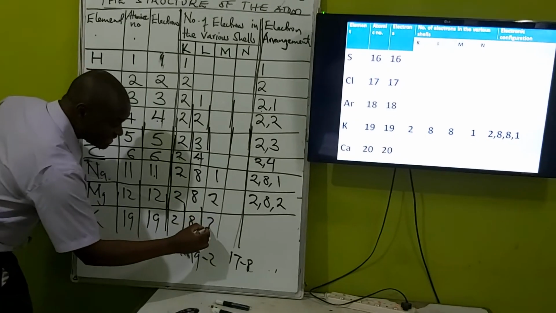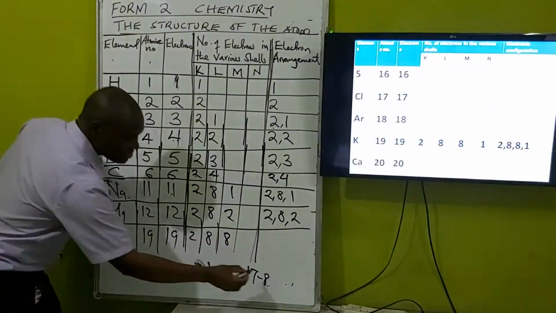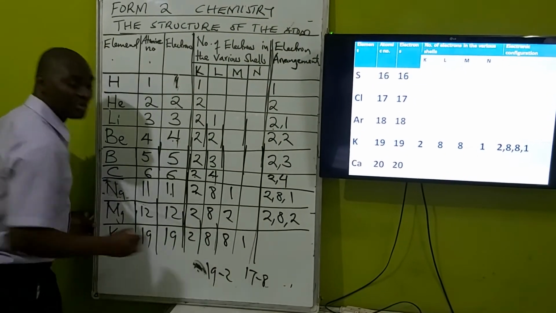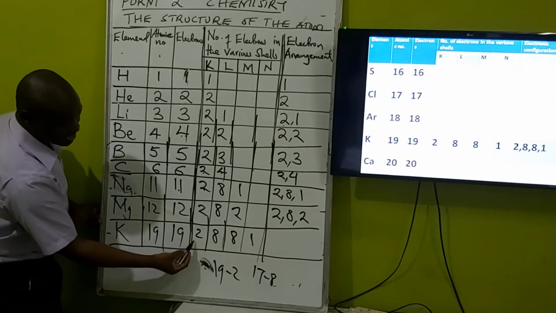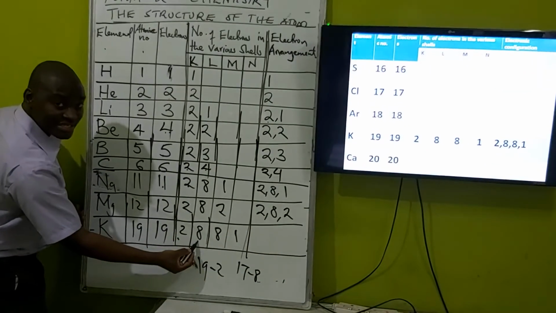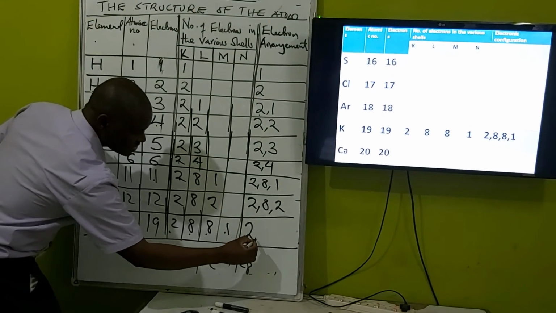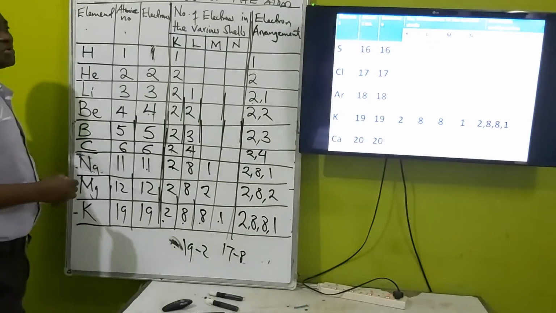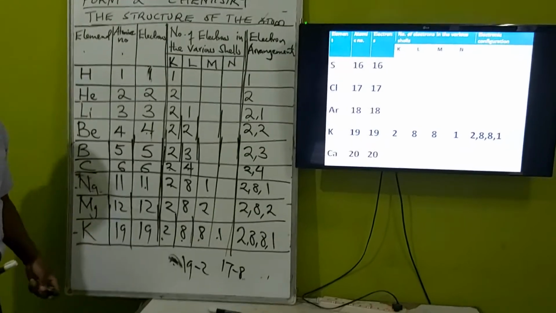The third energy level will take 8. So from 11 we move 8, remember? 1 is left. That one will move to the fourth energy level. So for potassium, it is 2, 8, 8, 1. That is the electron arrangement for potassium.